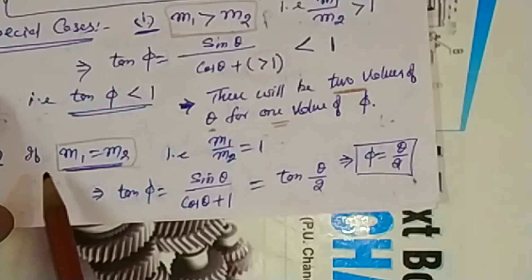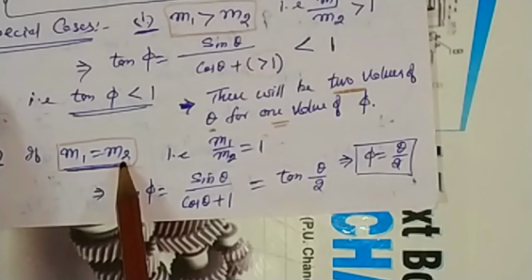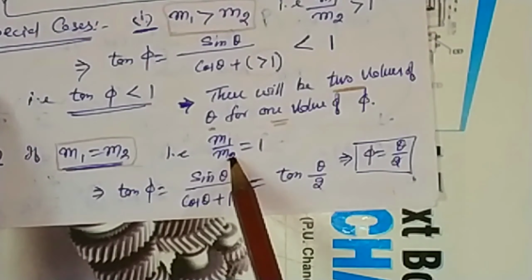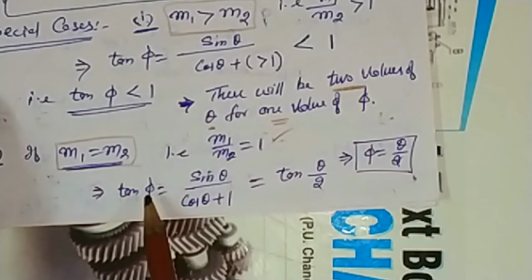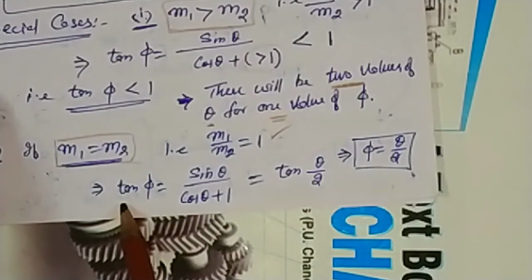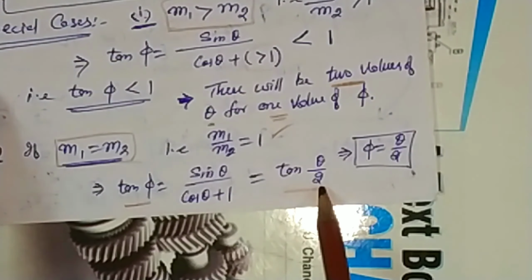In case m1 is equal to m2, m1 upon m2 is equal to 1. In this case, it becomes cos theta plus 1. As a result, tan phi is equal to tan theta by 2.